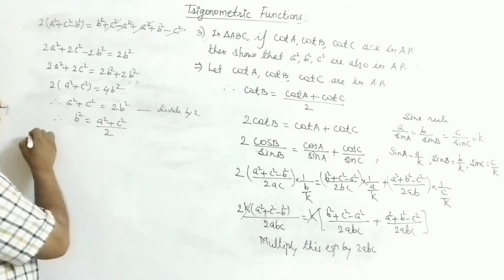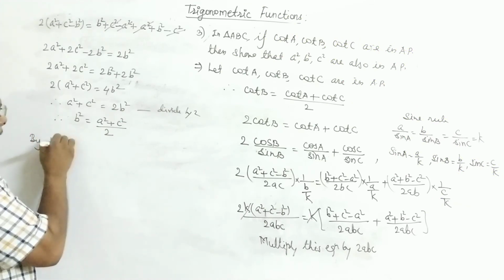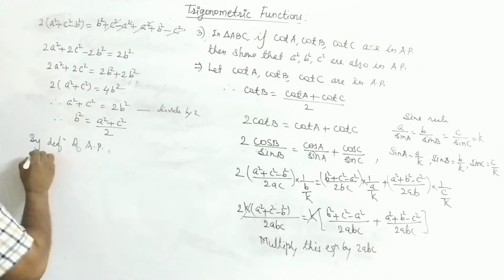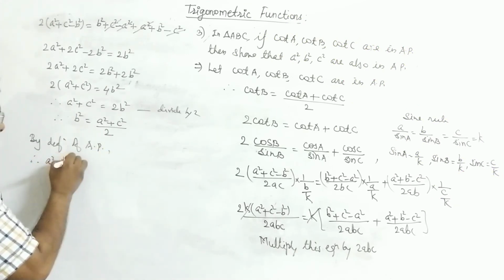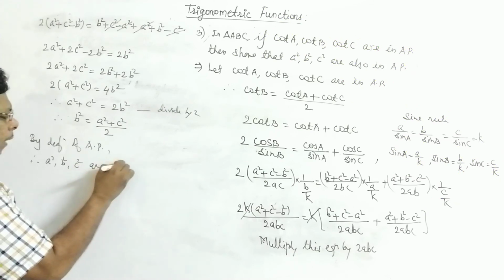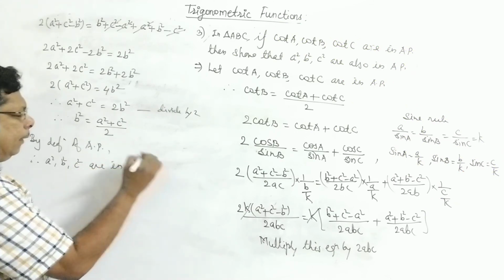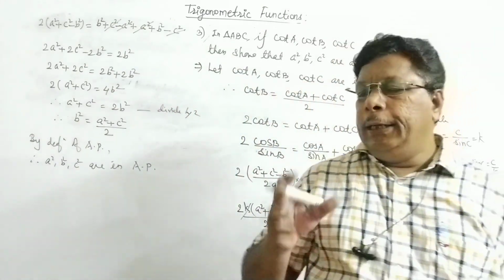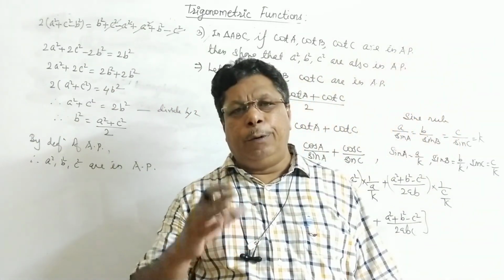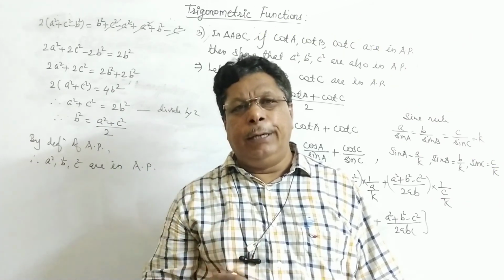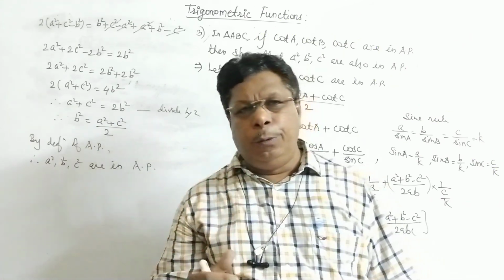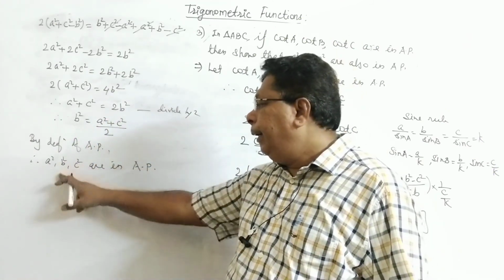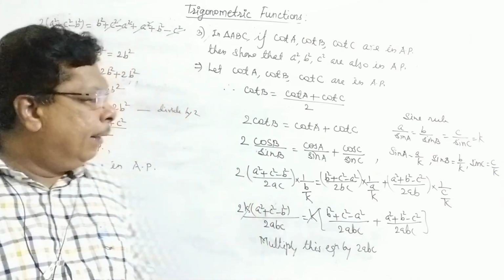So by definition of AP, if a square, b square, c square are in arithmetic progression, then 2b square equals a square plus c square. Otherwise you can say a square plus c square upon 2 is equal to b square. From this we can conclude that a square, b square, c square are in AP.